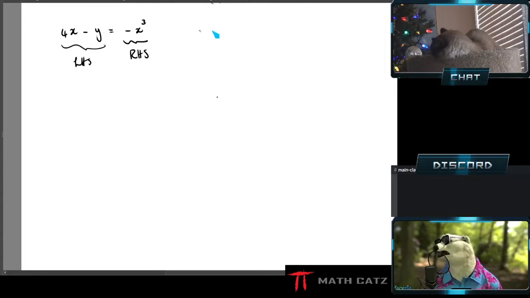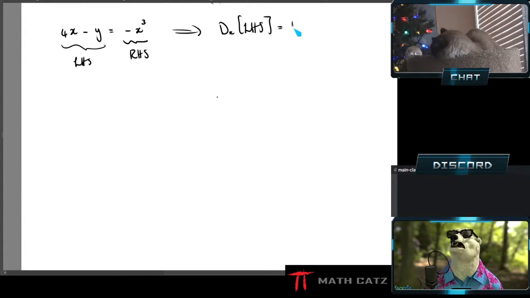Because they are the same, regardless of how complicated they look, regardless of if I understand how to see this side on its own, doesn't matter. This equal sign says it is the same. Therefore, the derivative of the left-hand side is the same as the derivative of the right-hand side. If things are the same, they change in the same way. Derivative is just the rate of change.